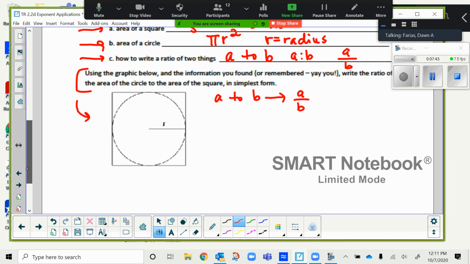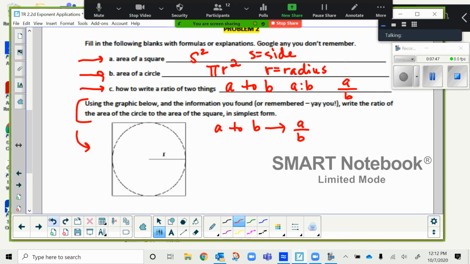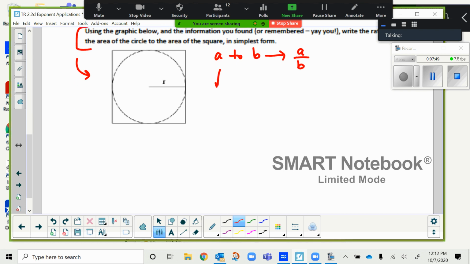What it's saying in this problem is, instead of A, write the area of the circle, a ratio of that to the area of the square.